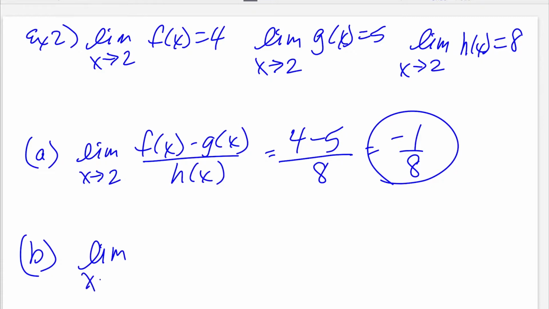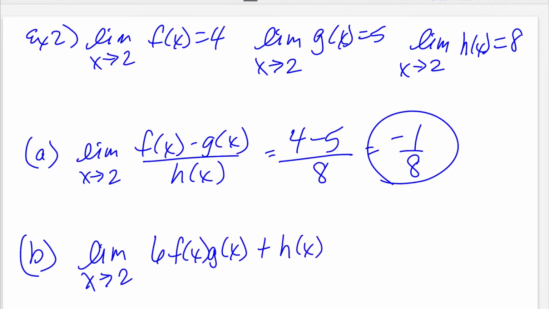If I take the limit as x approaches 2 here of 6 times f of x, g of x plus h of x, you're literally doing the same thing. I am not going to write this out as every single limit because that's ridiculous. What are we doing? We're plugging it in. I'm taking this limit as x approaches 2.